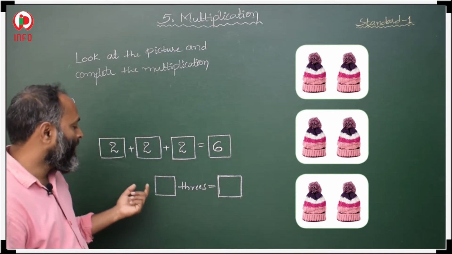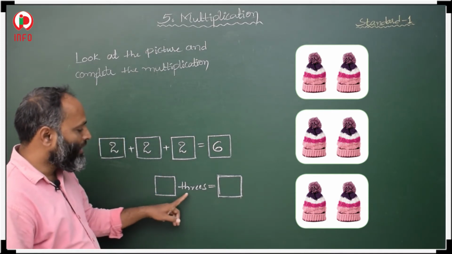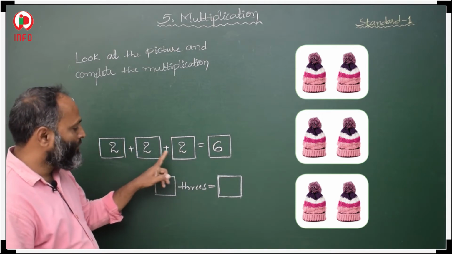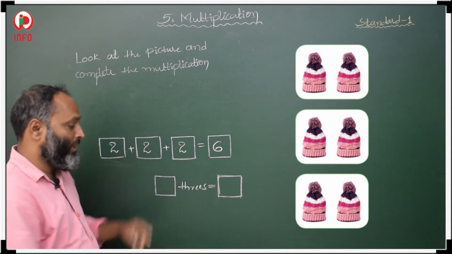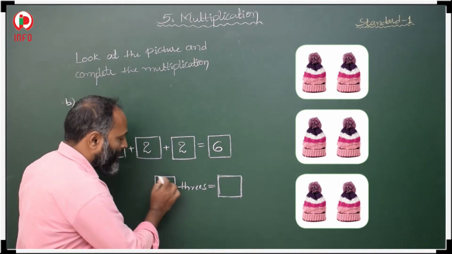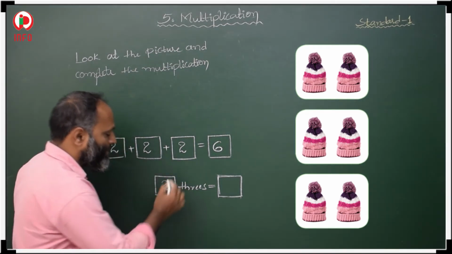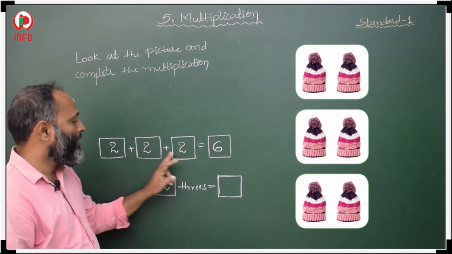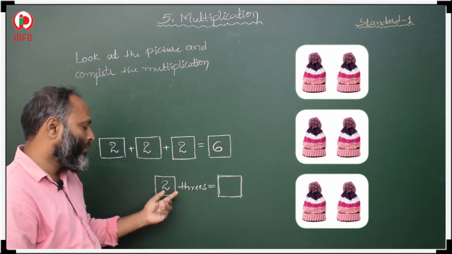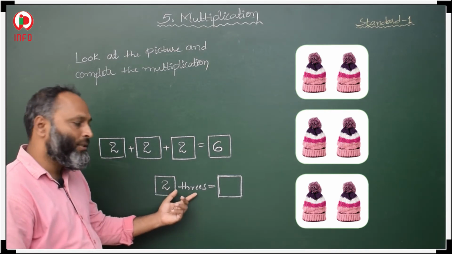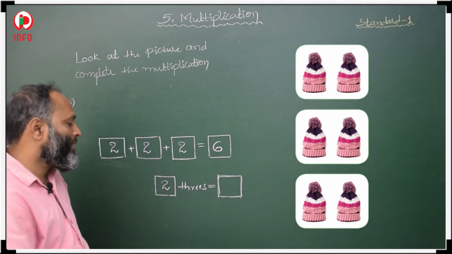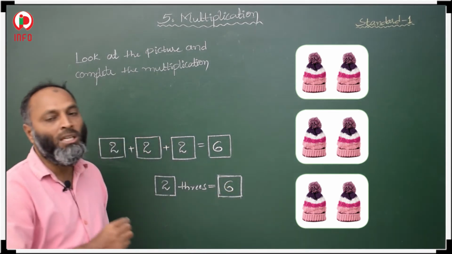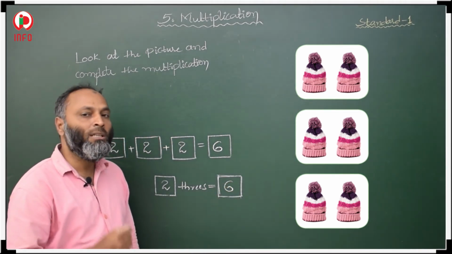So how can we write it in words? 2 threes. How many times are there these 2's? 1, 2, 3. It means 3 groups. 2 threes. How much? 2 threes are 6.